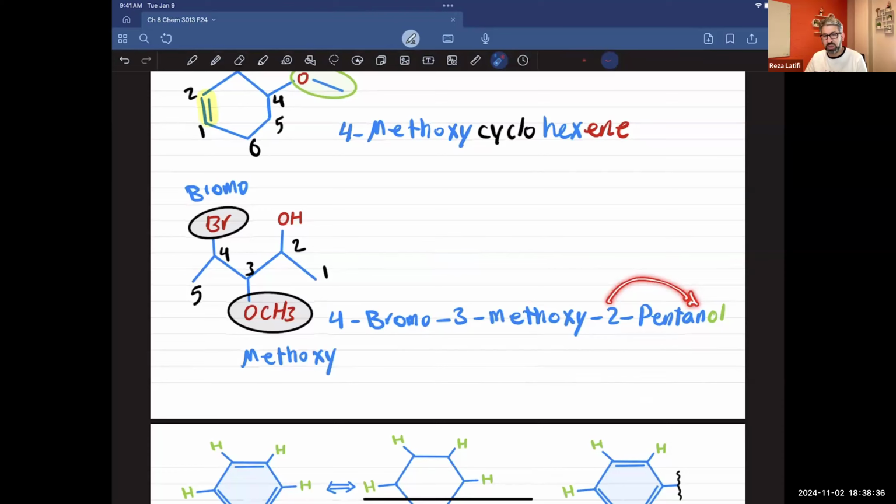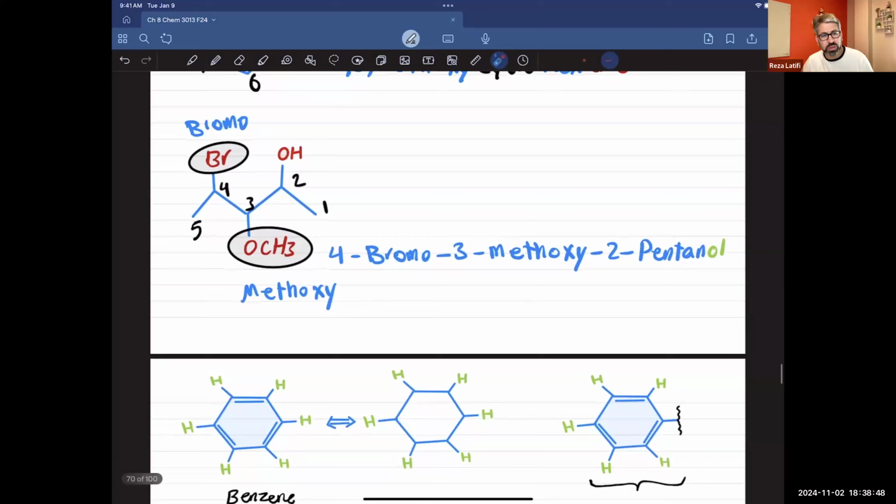I have 5 carbons, so I say pen, and then I put the 2 after it to show the position of the alcohol. Okay, so let's keep it as it is. So I go 4 bromo, 3 methoxy, 2 pentanol.